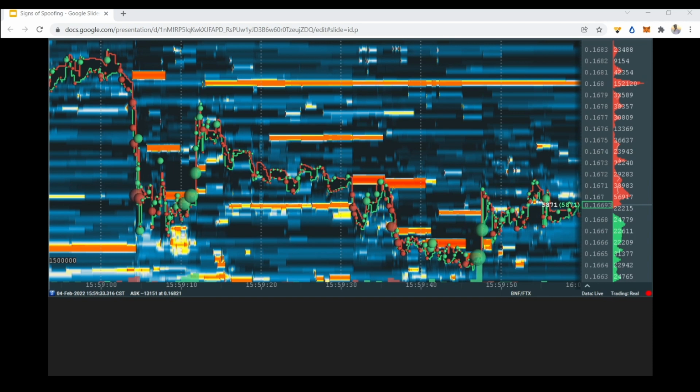And then it happened again at the 15:59:35 timestamp. You can see that on the axis, where at the price of 0.1671, we see large limit sell orders placed directly on price, directly next to where price really is. And that's aggressively spoofing the market lower.